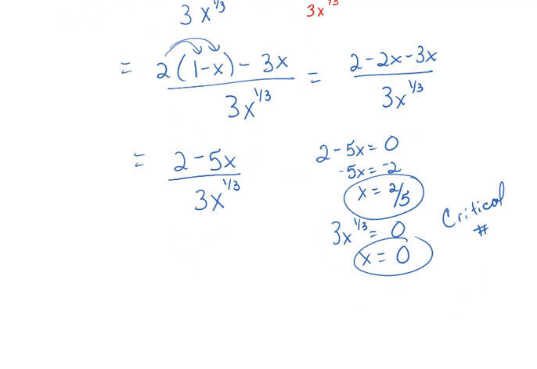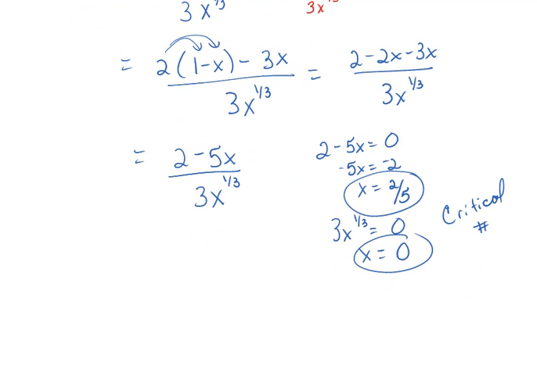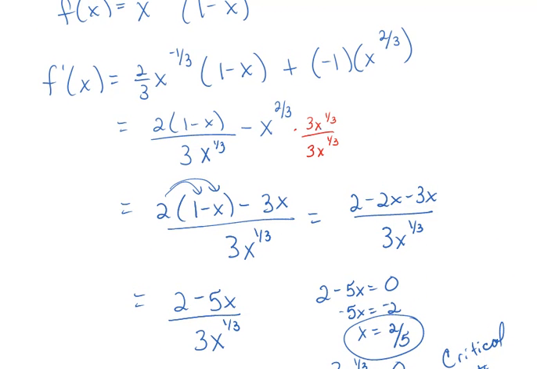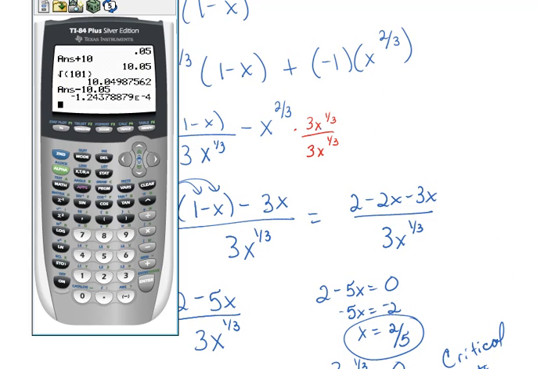So to figure out what you have going on there, you're going to want to put them on a number line in order. So I'll put 0 here, and I'll put 2/5 here, and I'm going to consider the values of the derivative there. In order to save time, I'm just going to use my calculator as a tool.